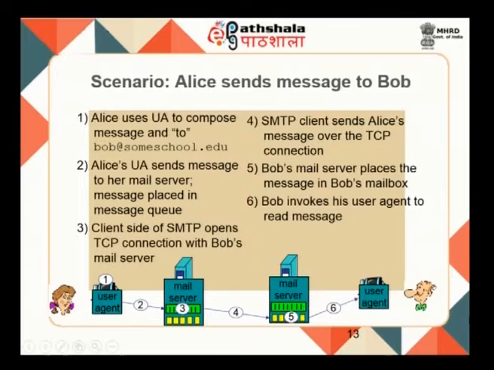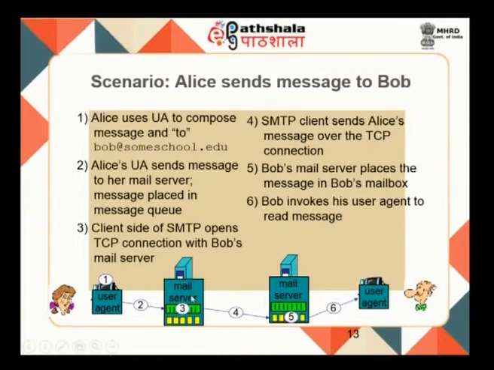So, this is a typical scenario whenever a message is sent. Let us say Alice sends a message to Bob. Alice is connected to her mail server here. Similarly, Bob is connected to another mail server here. When Alice sends a message to Bob at someschool.edu, Alice's user agent, let us say the Outlook that she is connected to, will send a message to this mail server, and the message will be placed in this message queue.